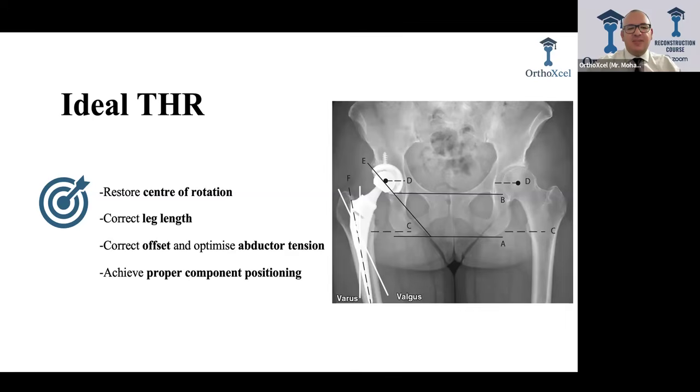Valgus is better than varus. So our aim is ideal center of rotation, ideal leg length compared to the other side, ideal offset, ideal position of the component. If it will not be ideal for any anatomical reason, I opt to be on a shorter side rather than a longer side, on a bigger offset side rather than a lesser offset side, on a valgus position of the stem rather than a varus position of the stem.